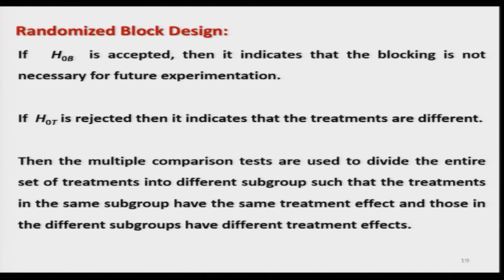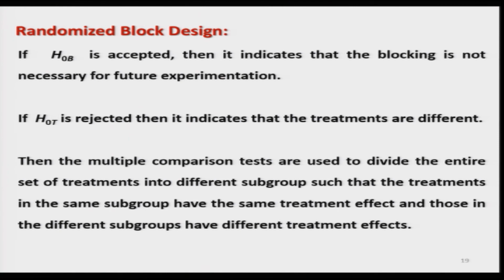But in order to test that hypothesis, you allotted different units to different blocks, or rather you created the blocks, and then you would like to see the way you have created the blocks, are they really needed or not, right.